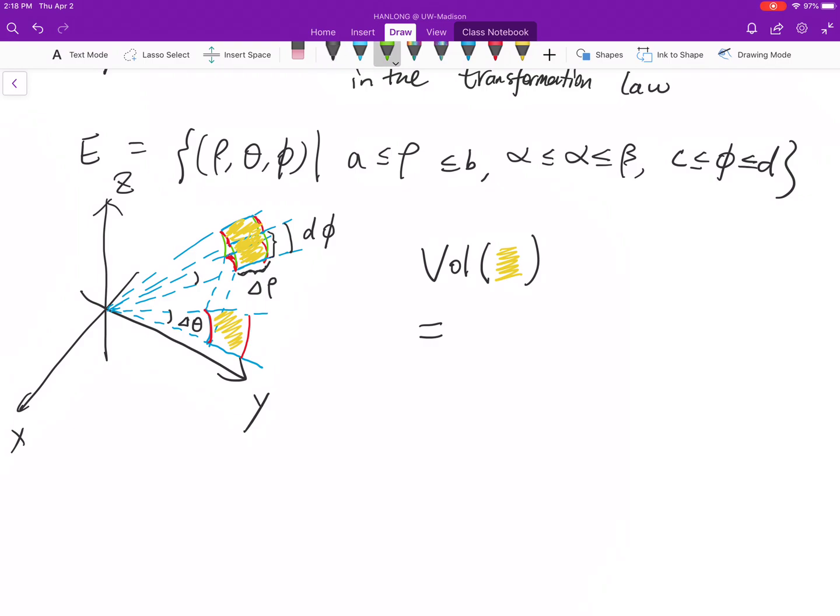What is the length of the green side? You just restrict to 2D.